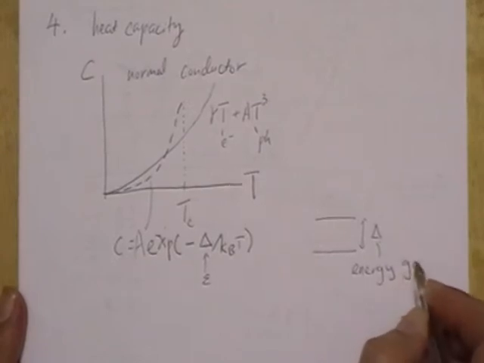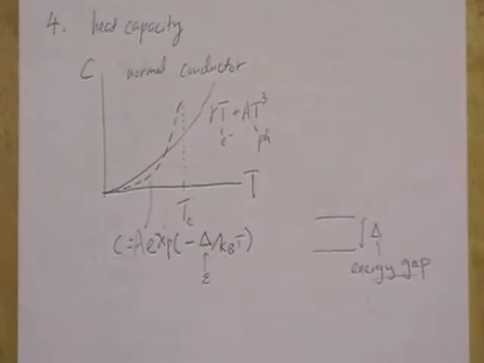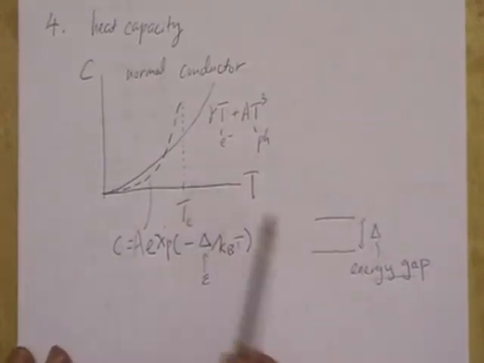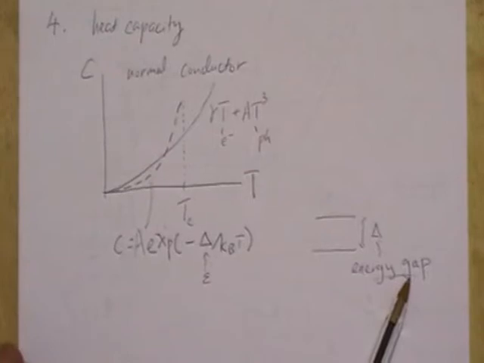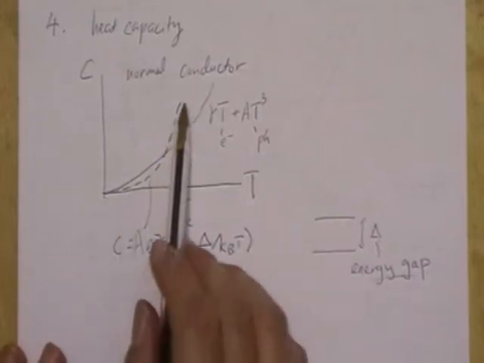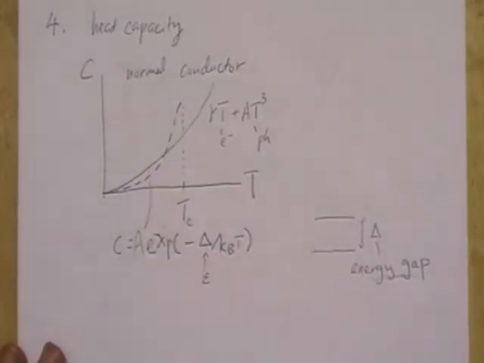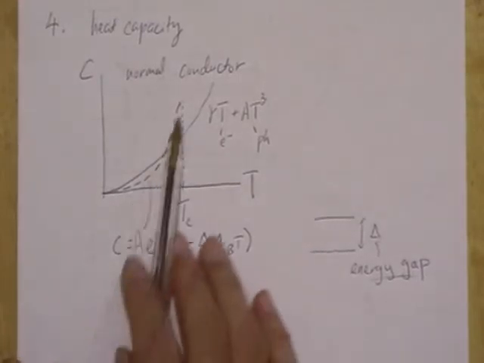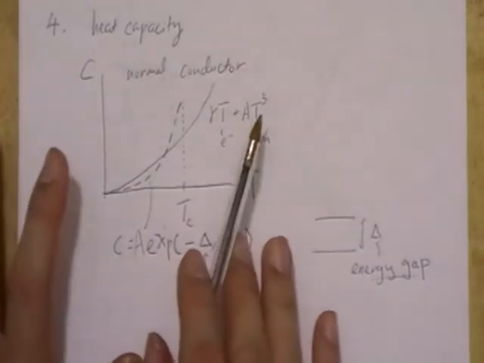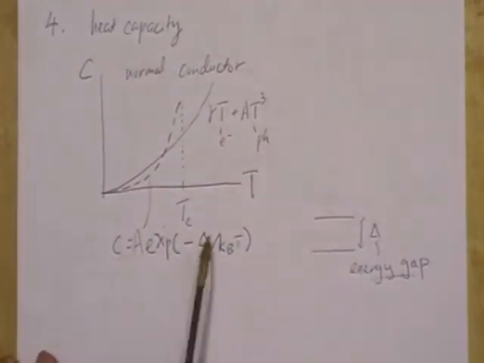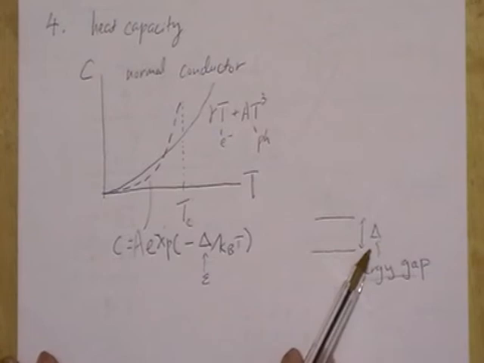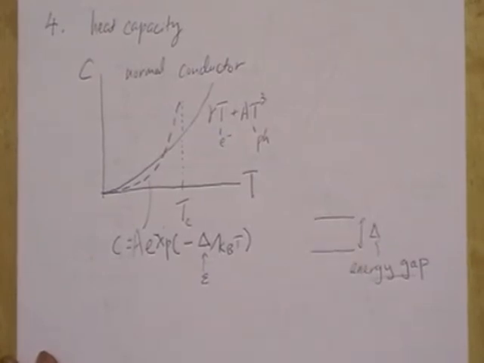Now at this point, it can only be an abstract idea. This is some kind of energy gap is what this measurement of the heat capacity suggests, but as it is based on just this observation, there is no idea what might cause this energy gap. So that's one of the things that we hope to explain.